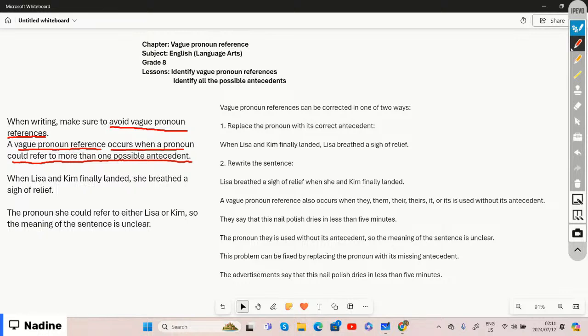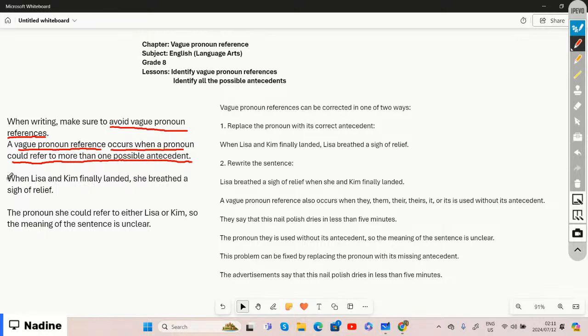Those are basically pronouns. So if we have a vague pronoun reference, it means that it can refer to more than one possible antecedent. Our antecedent is basically our subject, the person or thing that the pronoun is referring to.